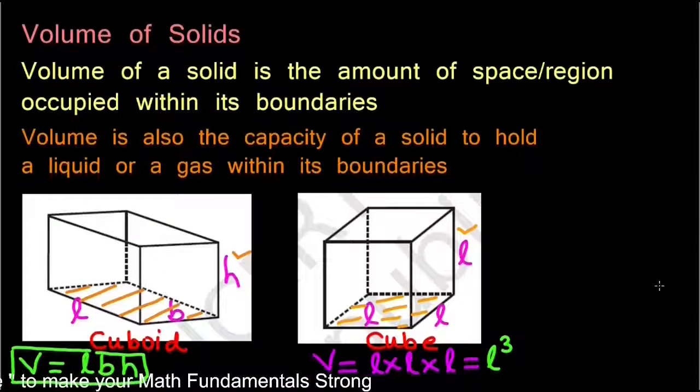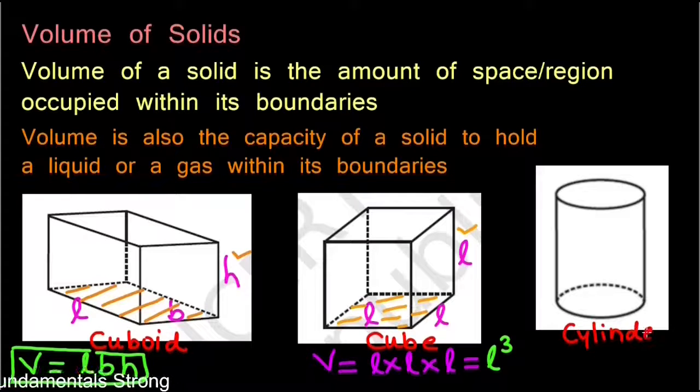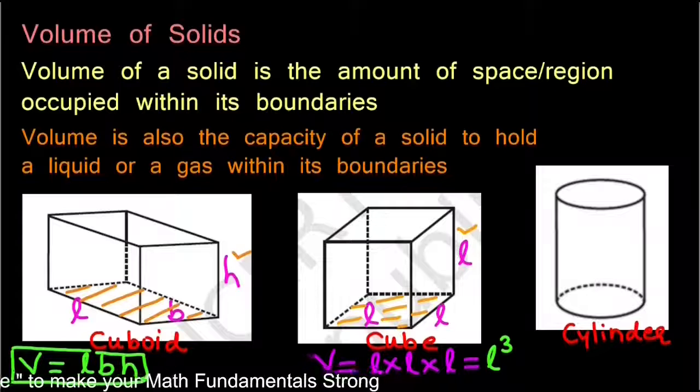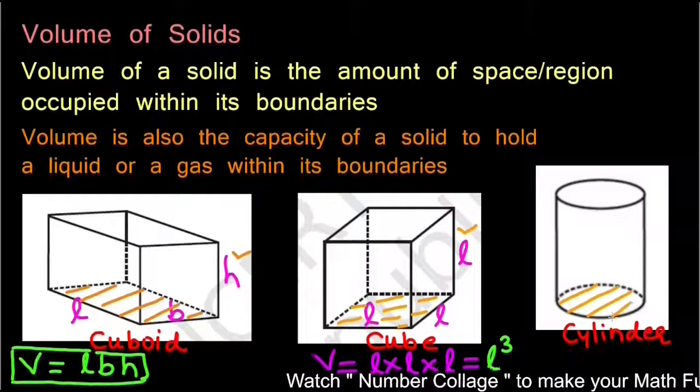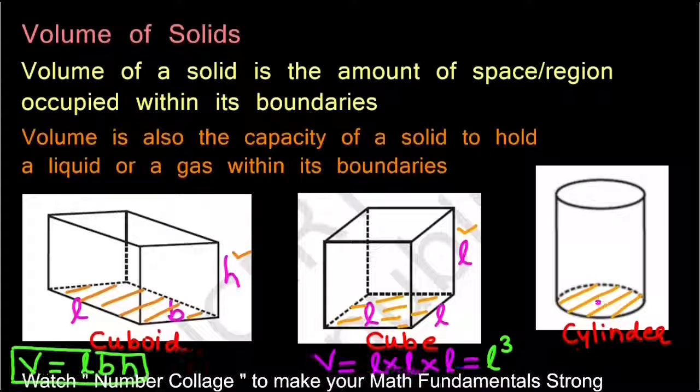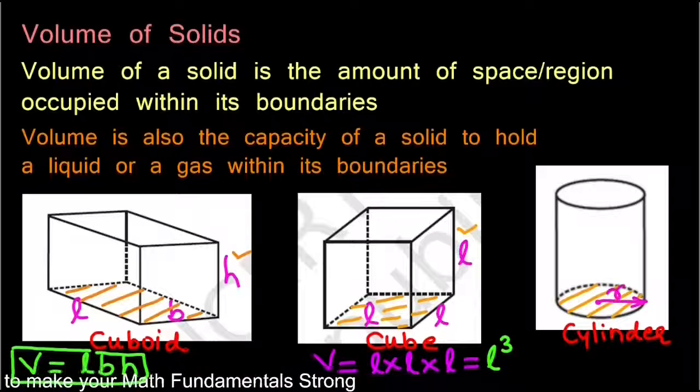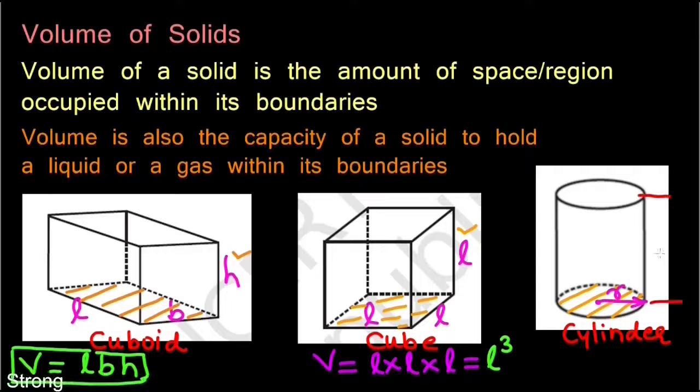The third solid that we are going to talk about is a right circular cylinder. Its volume will be equal to the area of its bottom circular region, whose radius equals r, and the height of this cylinder is h.